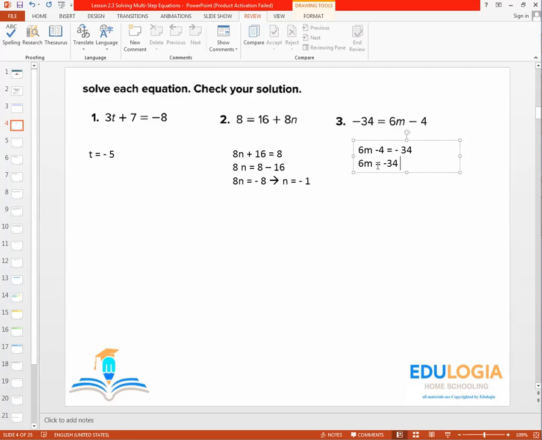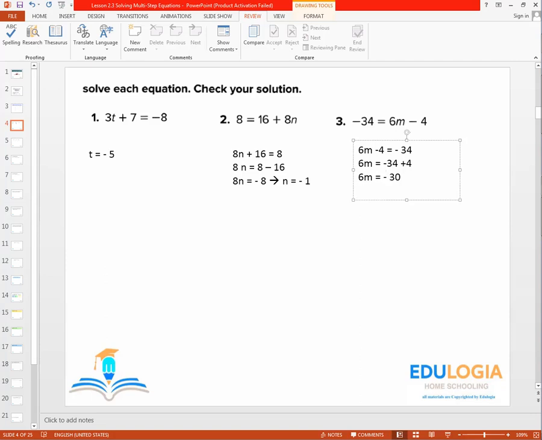Transferring negative 4 to the right-hand side, it will be positive 4. So adding them, you will get 6m equals negative 34 plus 4. It's negative 30.